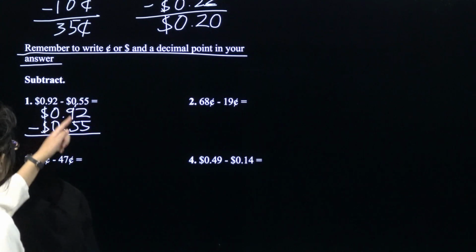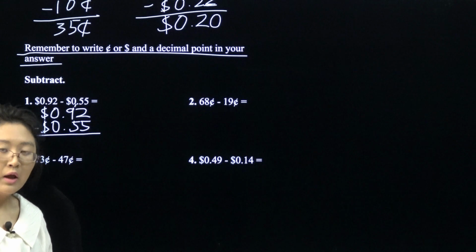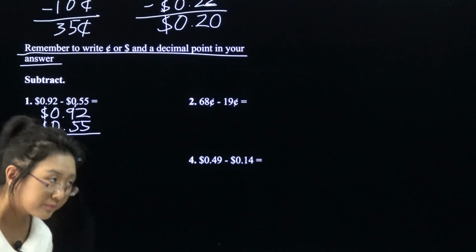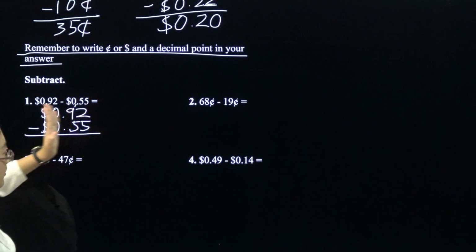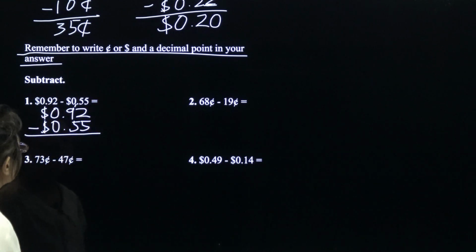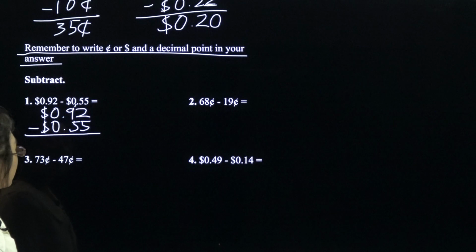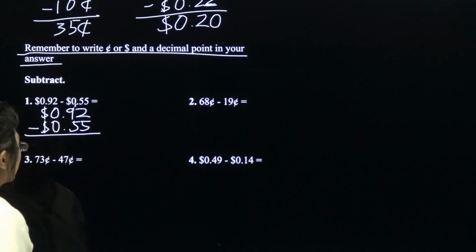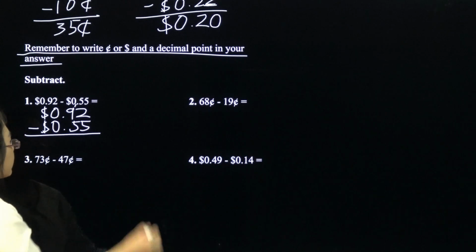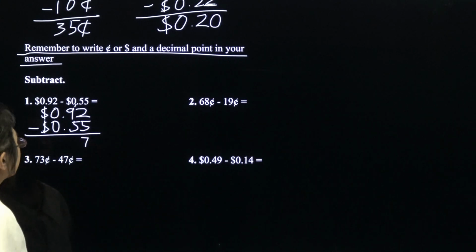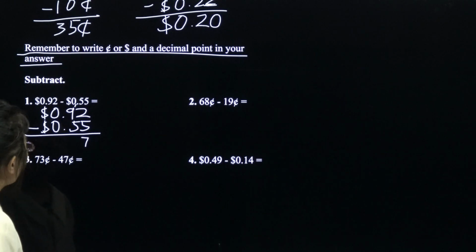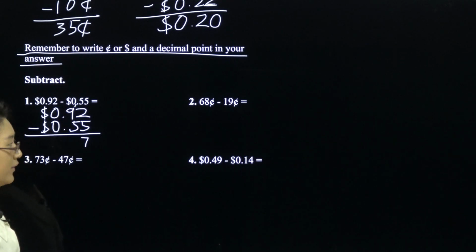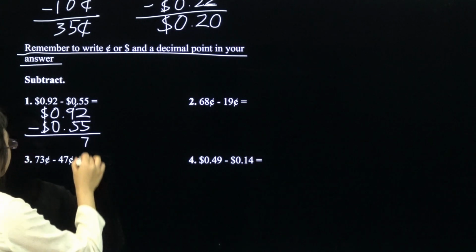Okay, 2 minus 5. We need to regroup for that. So we regroup from the digit that is immediately to the left, which is 9. 9 borrows 10 to the 2, so it's now 12. 12 minus 5 is 7. 9, because it's been regrouped, is 8 now. 8 minus 5 is 3.